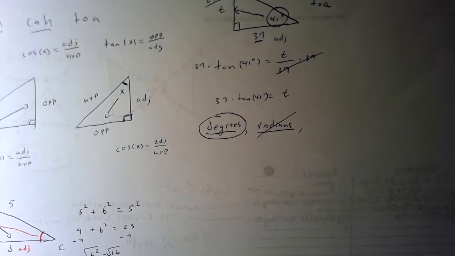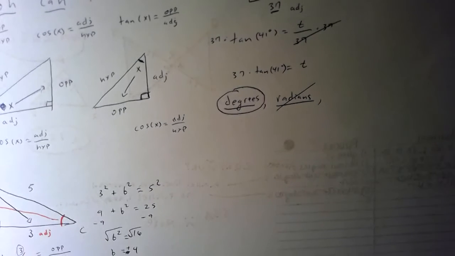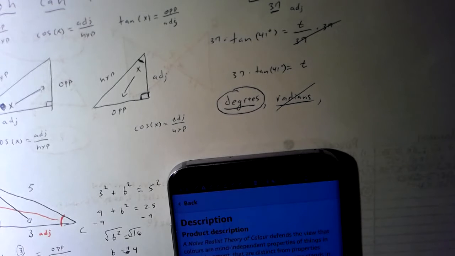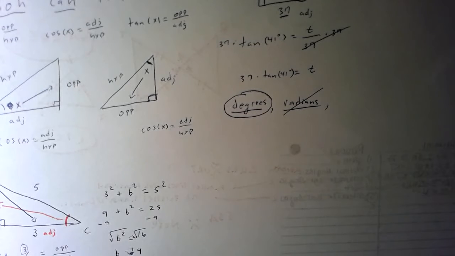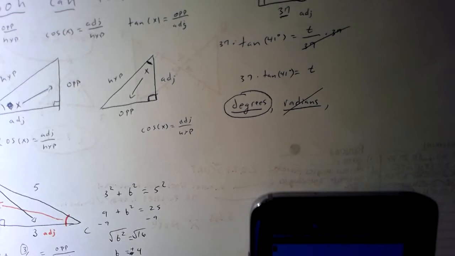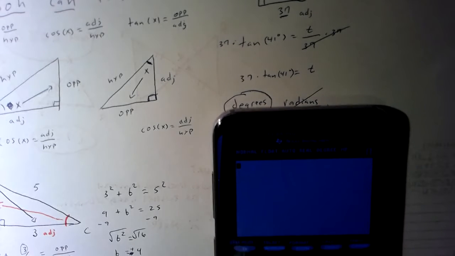You might be wondering, why did he start talking about different units for the angle? Well, because when we go to our calculator, let me go ahead and pull it up over here. We have to be very careful with these calculations.